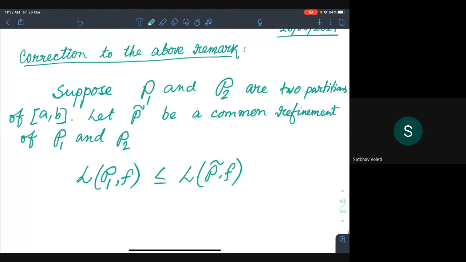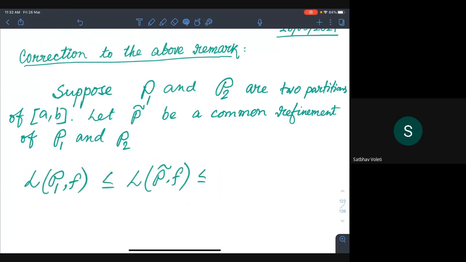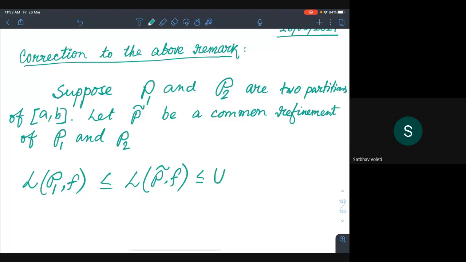And then this is less or equal to the upper sum of f for the partition P tilde. Right, this we have proved in the last theorem, and since P tilde was a refinement of P2, this should be less or equal to the upper sum for P2.